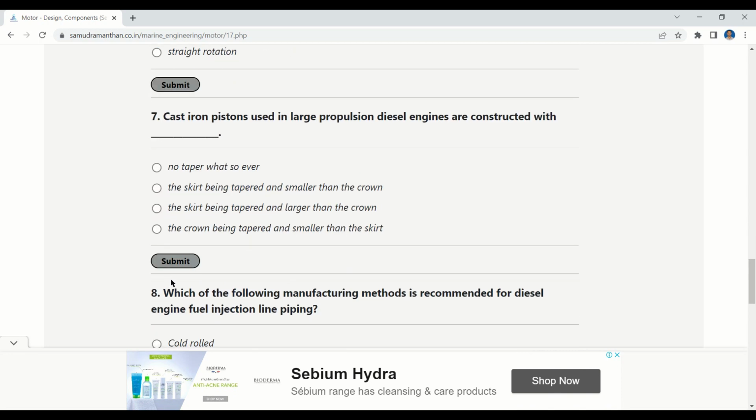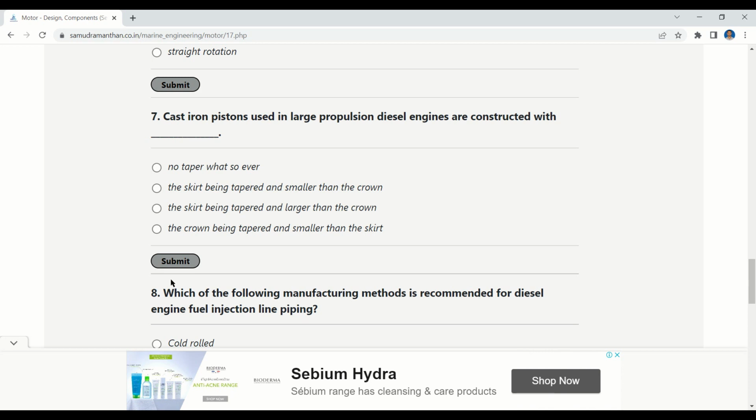Cast iron pistons used in large propulsion diesel engines are constructed with, and the options given are no taper whatsoever, the skirt being tapered and smaller than the crown, the skirt being tapered and larger than the crown, the crown being tapered and smaller than the skirt.